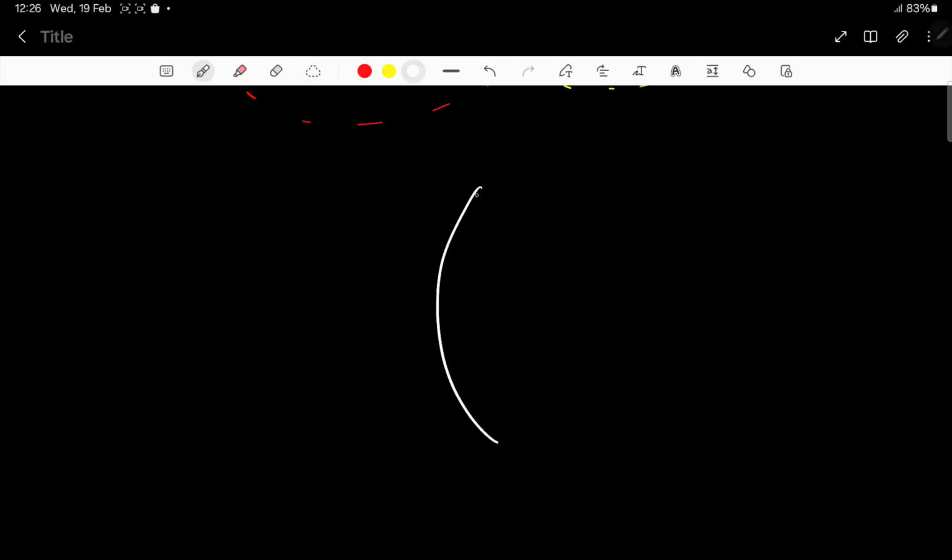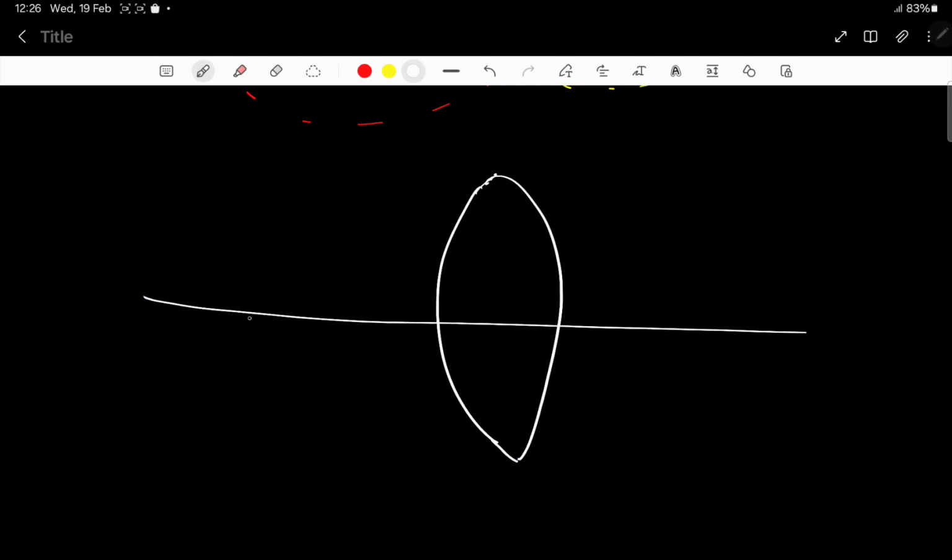Imagine we consider a convex lens. I placed the object over here. Consider surface 1 alone. We are going to study the refraction at this single surface alone.